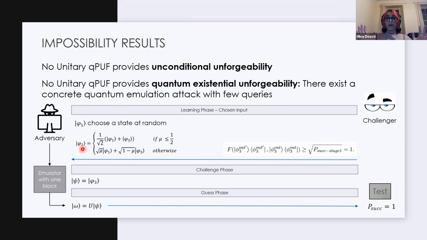Now, if you do the whole algorithm with just one block of the emulation, then you can see that the fidelity with these two specific states will become 1. So you get an output state for a new state phi3 which is exactly equal to U phi3. This shows that if the adversary is allowed to pick both the state and the challenge state, then there's no way that you can make this secure. So you don't have this level of security for quantum PUF.